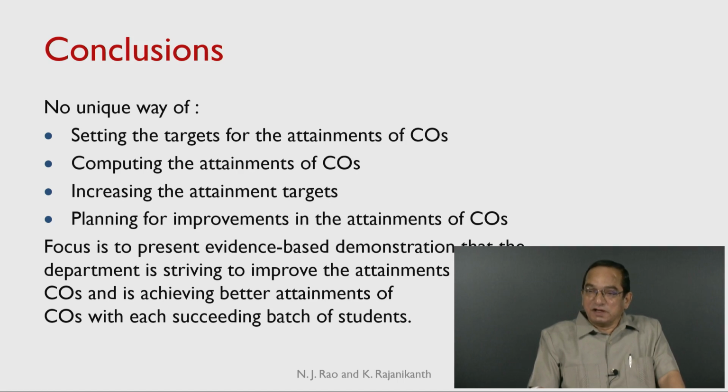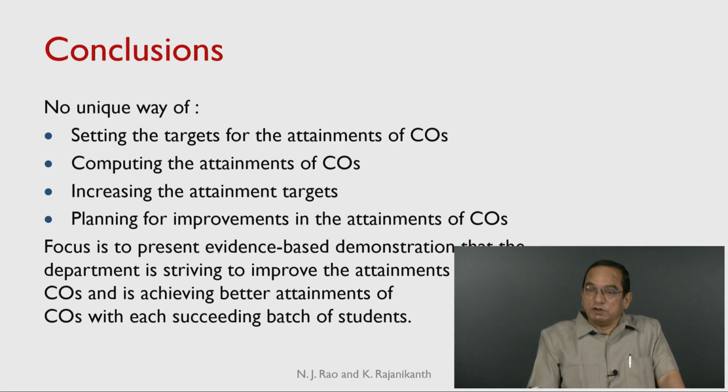If the target has been achieved, by what amount should the target be increased? If we have set a target of 60% and the actual attainment is 65%, what is the level to which the target should be revised? There is no unique way.